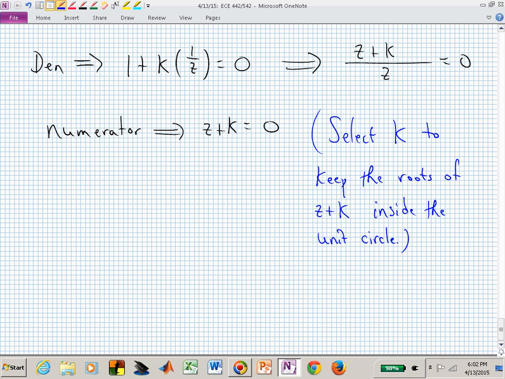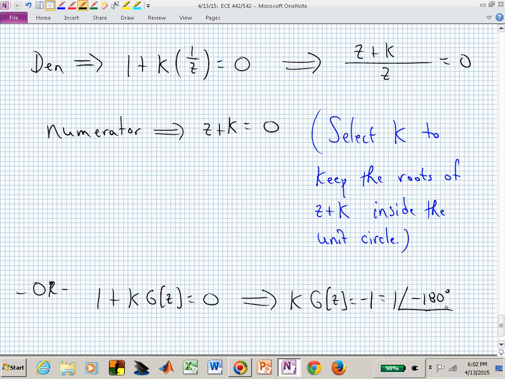Or if you thought of it in terms of a root locus, then we have 1 plus kg of z equal to 0, or kg of z equal to minus 1, which is magnitude 1 at an angle of minus 180.